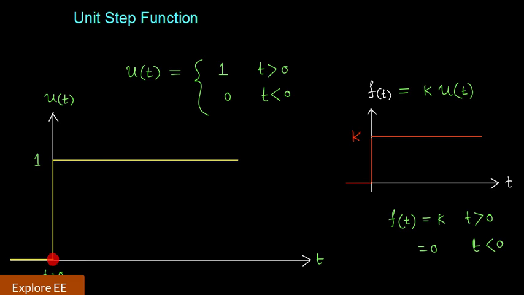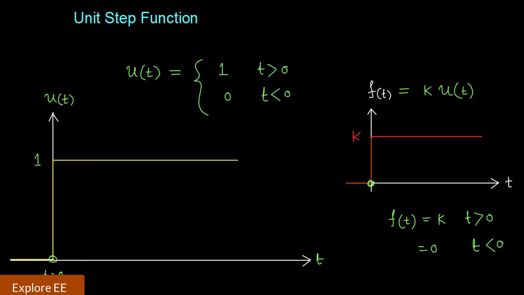At t equal to 0, we do not know the exact value of u(t), but at t equal to 0 plus, just after the instant t equal to 0, we have unity magnitude. Suppose the value is k, we can multiply this function by k times u(t). That is f(t) equal to k for t greater than 0 and equal to 0 for t less than 0. So t equal to 0 is the point of discontinuity.